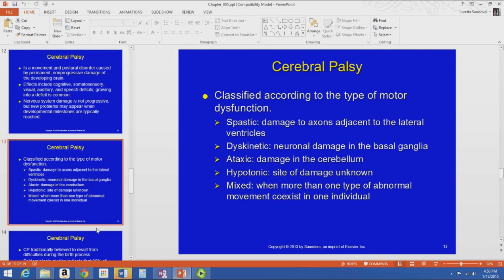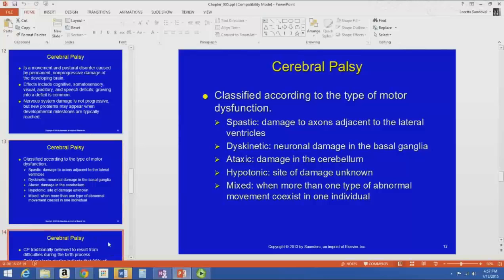Ataxic, damage in the cerebellum, and the cerebellum also has a lot of function on movement, and we will talk specifically in later chapters about basal ganglia and cerebellum. And hypotonic, so the site of the damage is unknown, but people have low muscle tone and difficulty controlling their muscles. And then mixed, it could be any combination of the above.